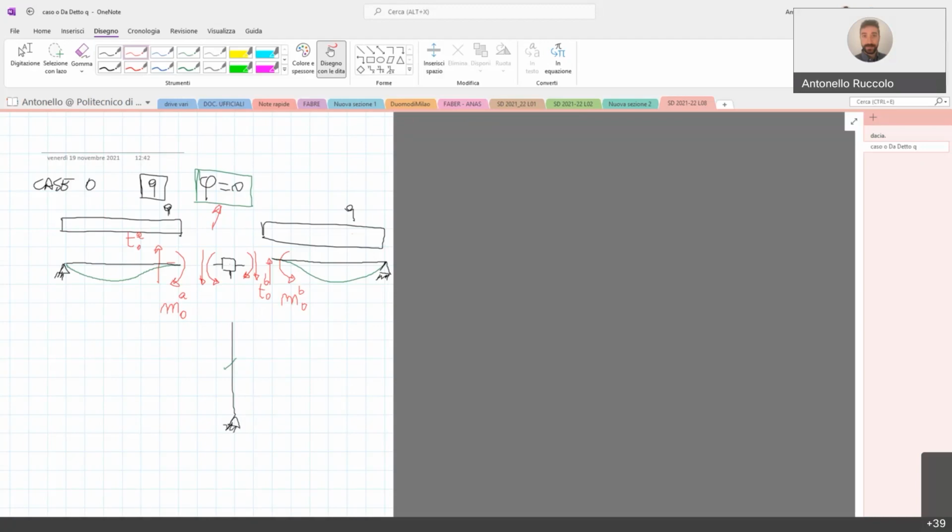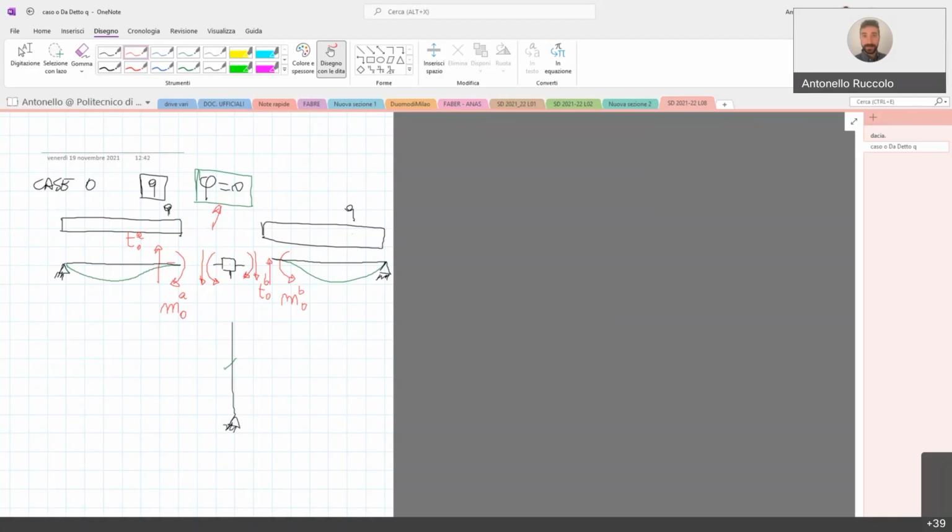Okay, it's similar to what we did with the force method. When we applied the force method, even if we didn't really need it, sometimes we also explicited the reaction forces per each case. So when we apply only one static unknown, we can find the reactions for that case.